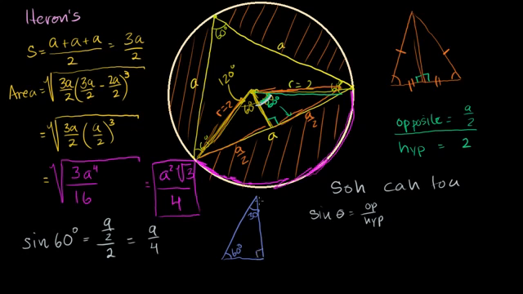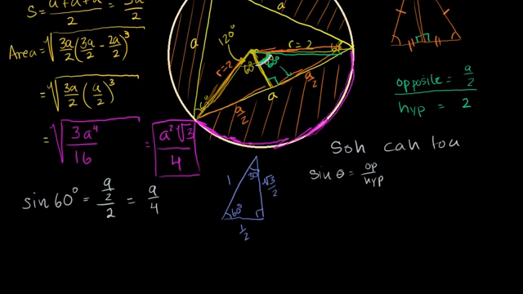You might remember that this is going to be of length 1, this is going to be of length 1/2, and this is going to be of length square root of 3 over 2. So the sine of 60 degrees is opposite over hypotenuse, square root of 3 over 2 over 1. Sine of 60 degrees, if you don't have a calculator, you could just use this, is square root of 3 over 2.